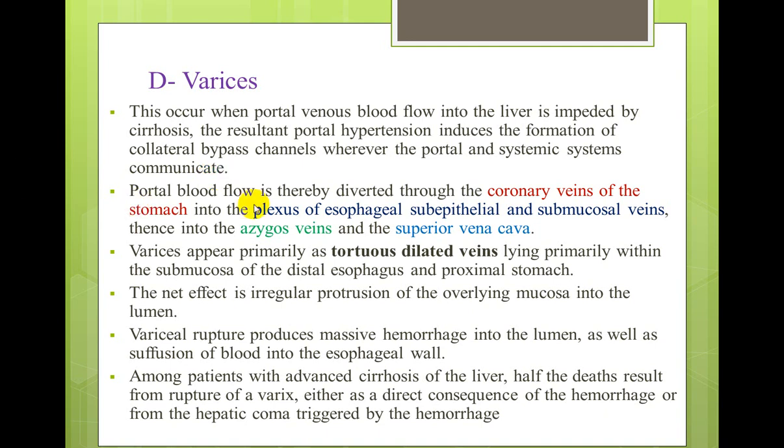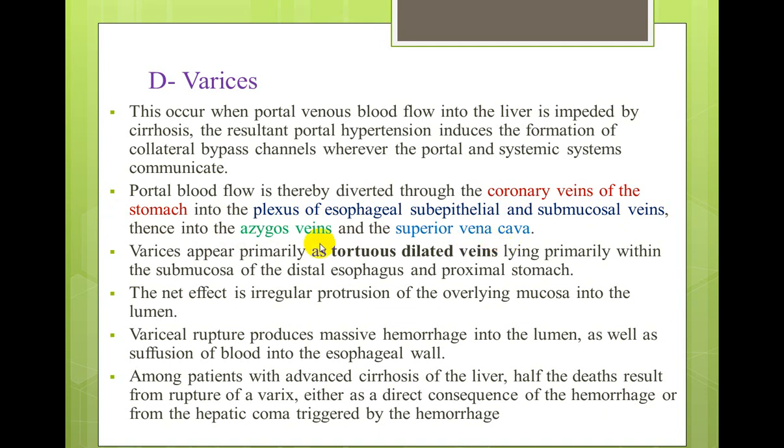So hence, portal blood flow is thereby delivered into the coronary veins of the stomach, then into the plexus of esophageal subepithelial and submucosal veins, thence into the azygous vein, and then to the superior vena cava in order to return the blood again.